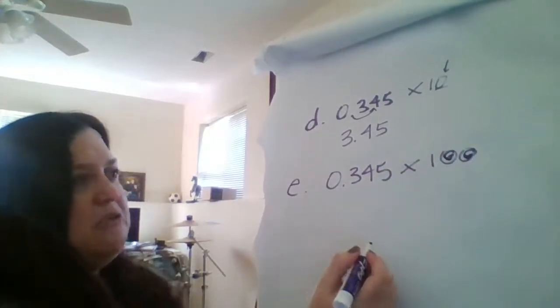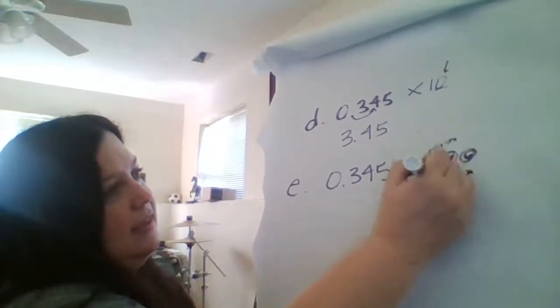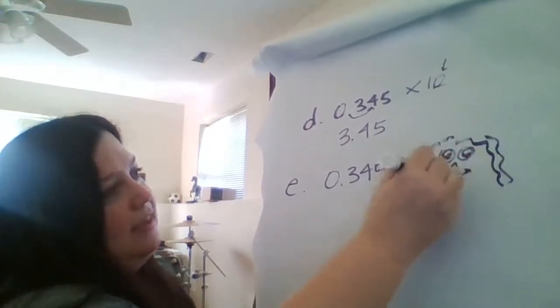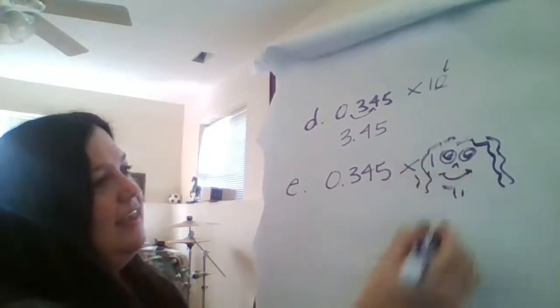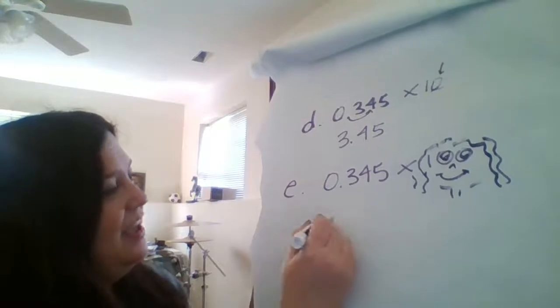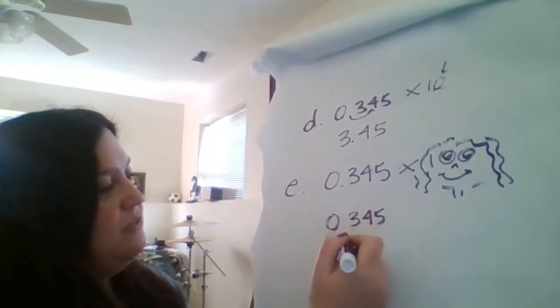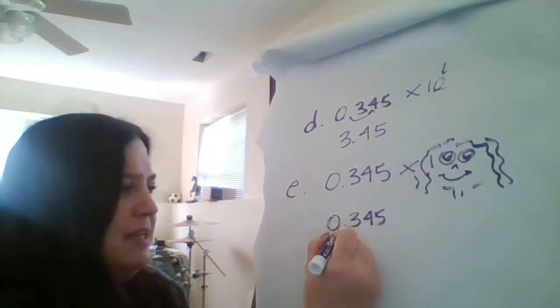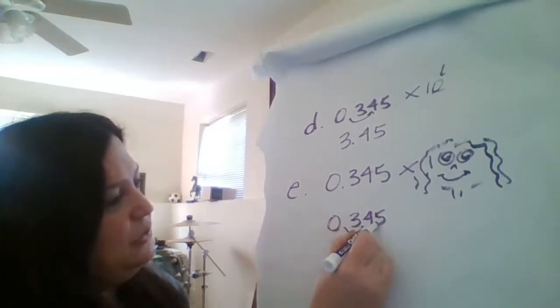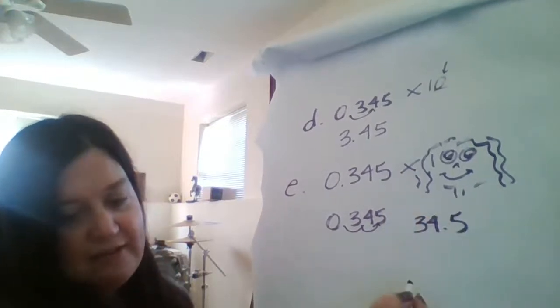Okay, I see 2. Okay, so now that we've had fun with 100, let's move it. So we have 345 thousandths. We're moving it how many places again? 2. Excellent job. So now we have 34 and 5/10.